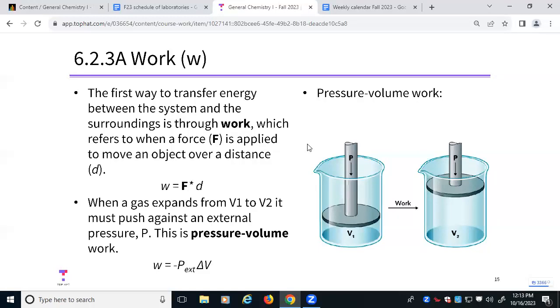We can measure and calculate the work being done by the system using this equation, where work, W, is equal to the opposite of the external pressure multiplied by the change in volume.